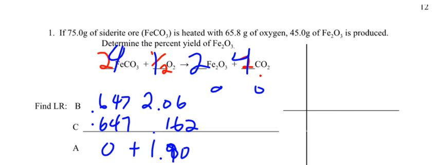Good. So now what? We need to determine our moles of my product. I get 0.647 of CO2. How do I know that? Well, their coefficients are the same. So 0.647 divided by 4 times 2 is 0.324.